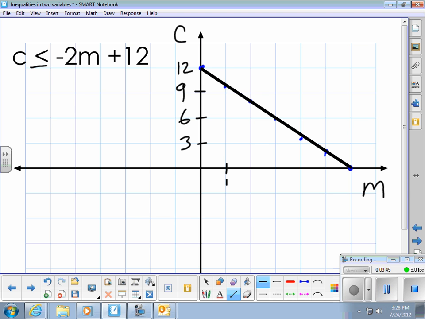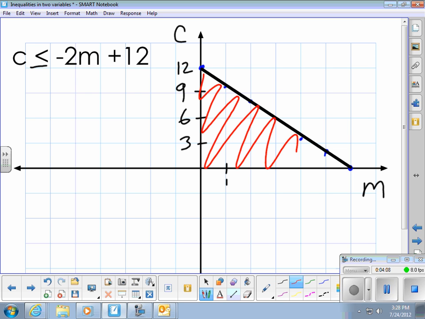We'll just go in the positive region, and it says less than. So, well, 9 cheeseburgers is less than 12. So we know we need to shade below the line. So we're going to shade everything below that.